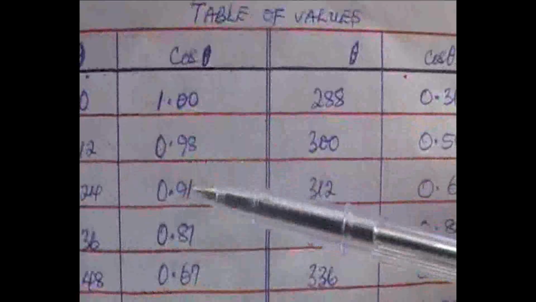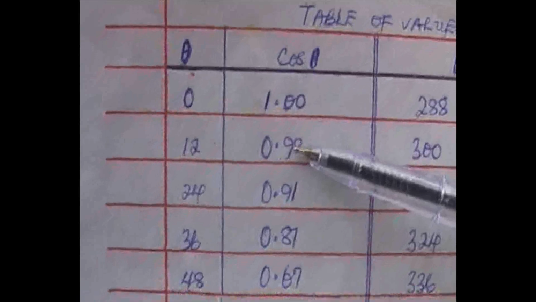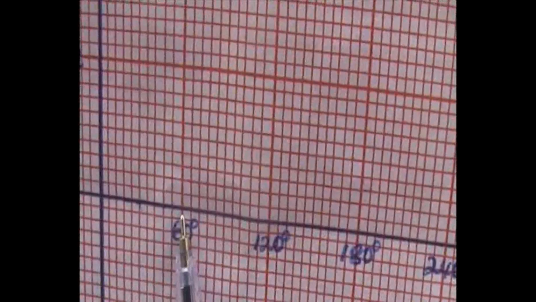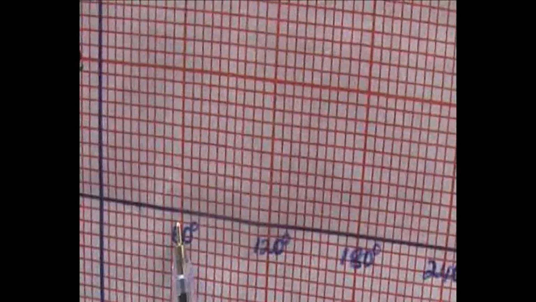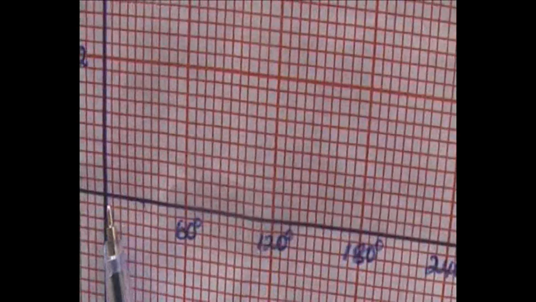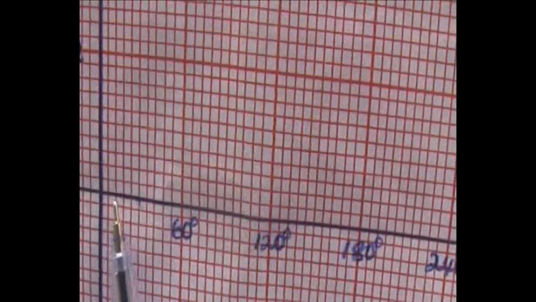And what we are looking for against 12 is 0.98. Remember, just like when we were plotting the x-axis, if from here to here is 60 and from here to here we have 10 small squares, that means each of the small squares is equal to 60 divided by 10, which will give you 6. That means this is 6, this is 12, this is 18, until you get to 60.